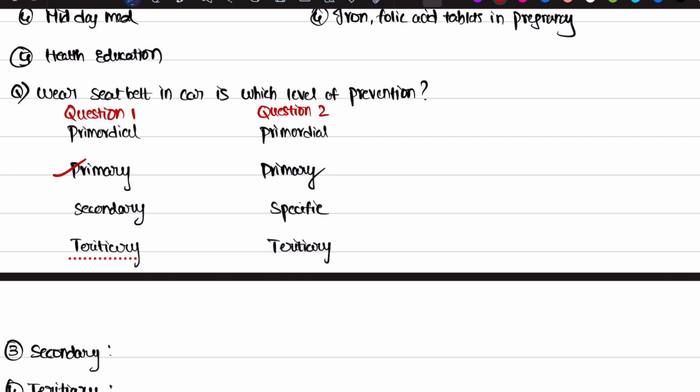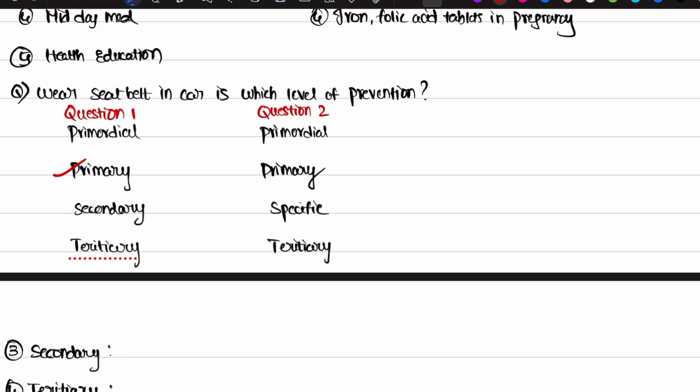Okay. And you are going to answer the second question as well. It is also very easy. Try to answer this second question. Wear seatbelt in the car is which level of prevention? Primordial, primary, specific, or tertiary? Yes, I hope you all answered correctly. It comes under the specific level of prevention.